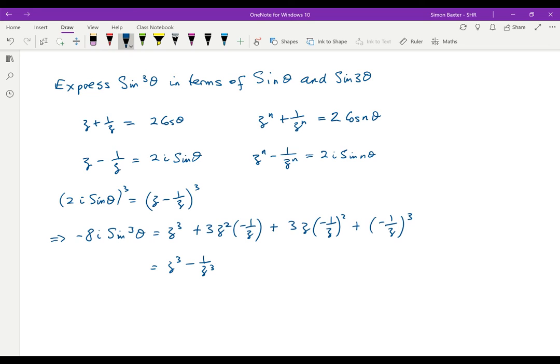I will do the next one just a little bit more slowly. This is minus 3z and the next one is minus squared is plus z over z squared plus 3 over z.